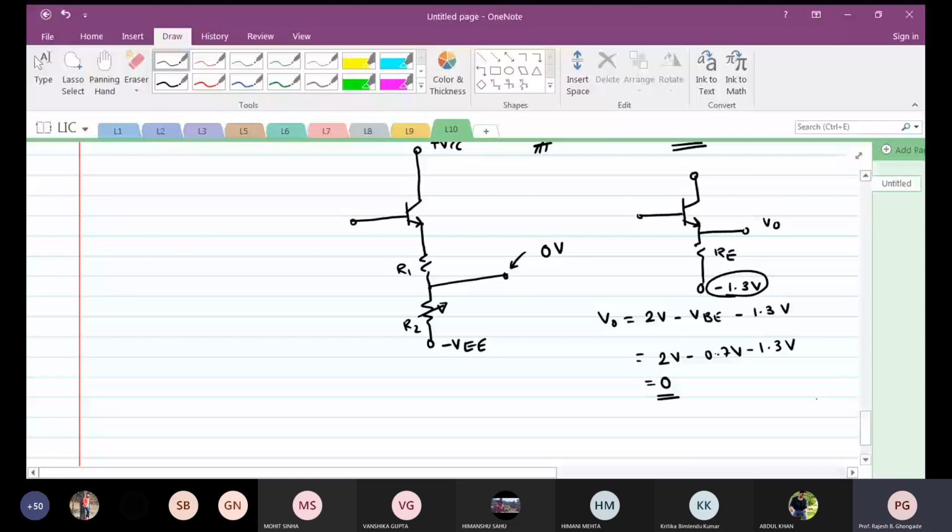Are you able to understand this? Guys? Yes, sir. So in order to make the voltage over here minus 1.3 volts, what am I supposed to do? Yes, I am supposed to use a potential divider like thing here.